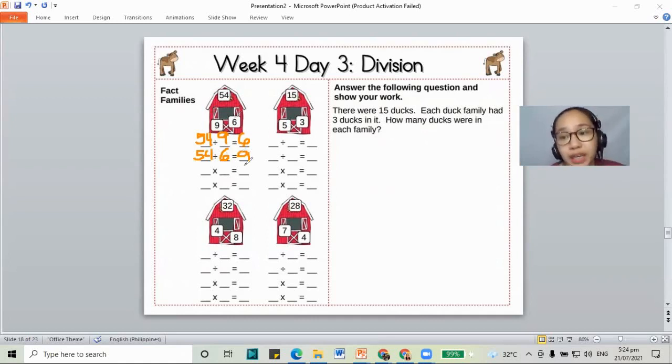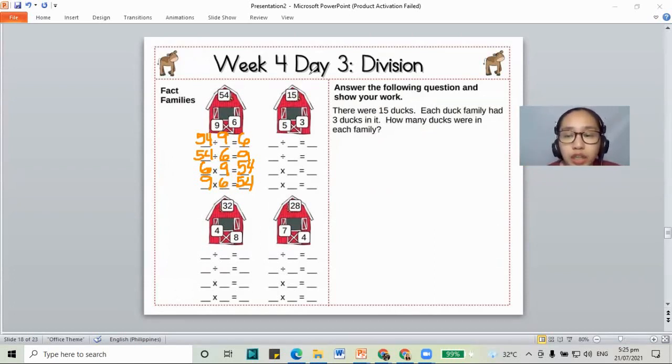But for multiplication, if you switch the places, 6 times 9 is 54, and 9 times 6 is 54. They will still arrive at the same answer if you put them in different positions.